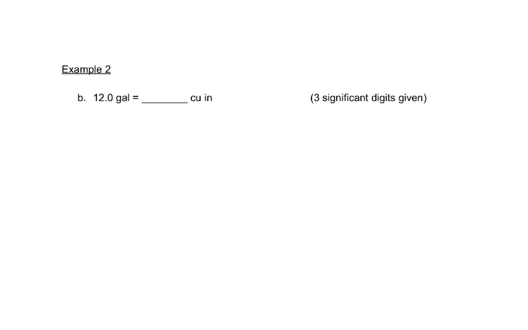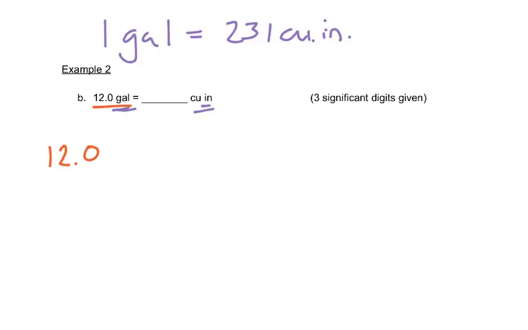So here we're trying to go from gallons to cubic inches. Again, under volume, we can see that 1 gallon is equal to 231 cubic inches. So we'll start with the 12.0 gallons over 1. The gallons is on top, so we want the gallons here to be on the bottom.